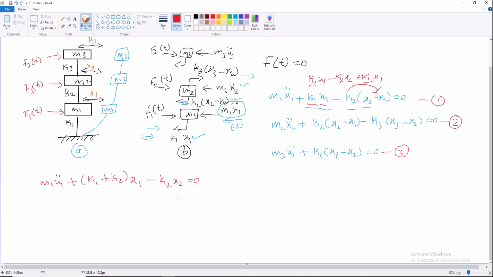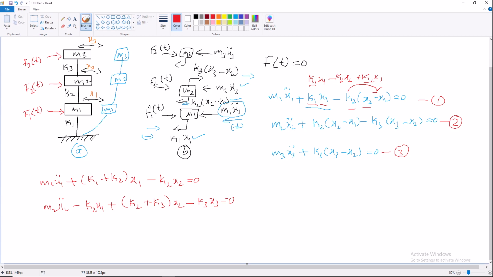Similarly, for the second equation, m2 x2 double dot minus k2 x1 plus (k2 plus k3) x2 minus k3 x3, which is equal to 0.